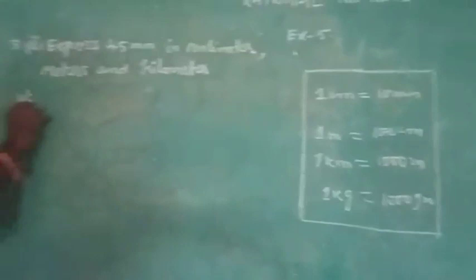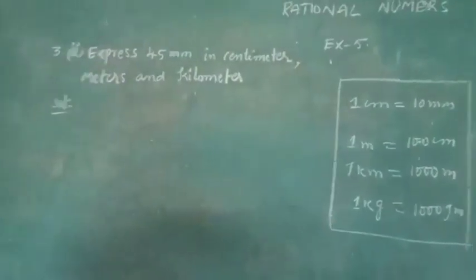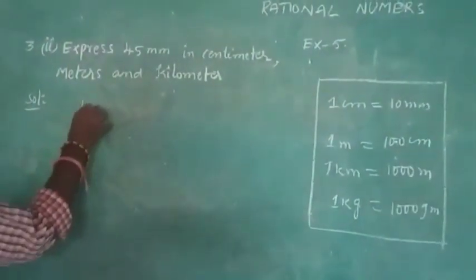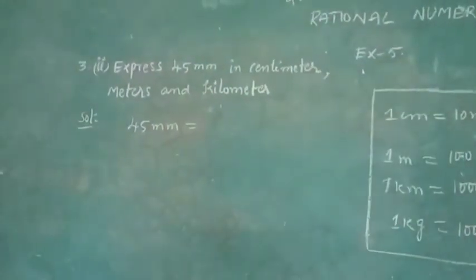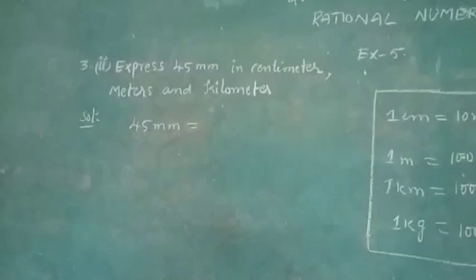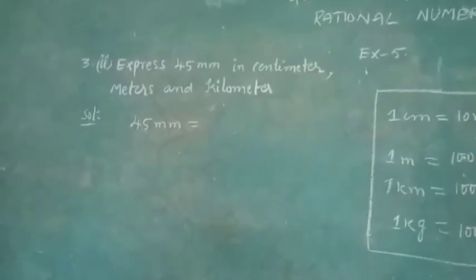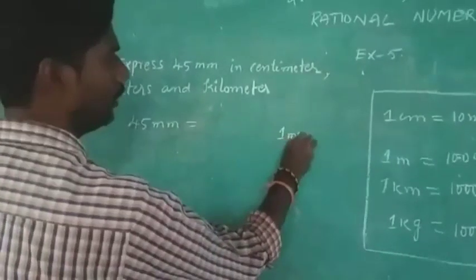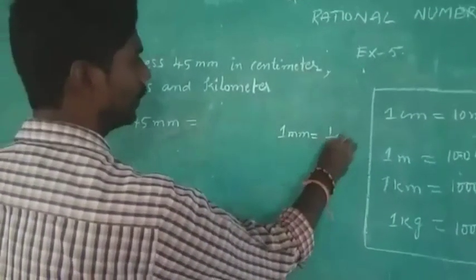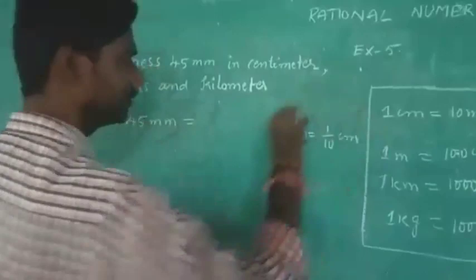What is the first question? Express 45 millimeters in centimeters. 1 millimeter is equal to how many centimeters? 1 millimeter is equal to 1 by 10 centimeter.